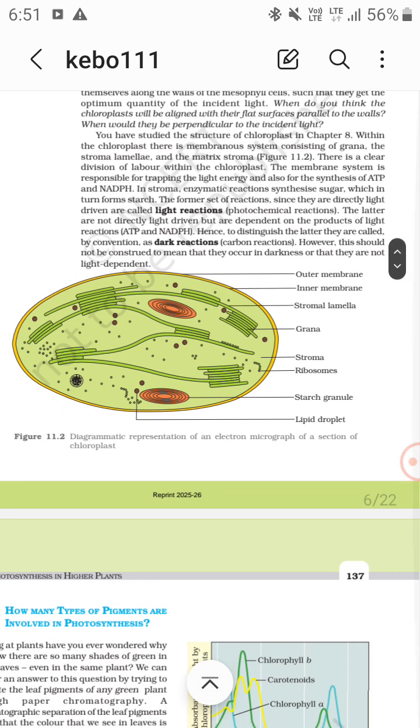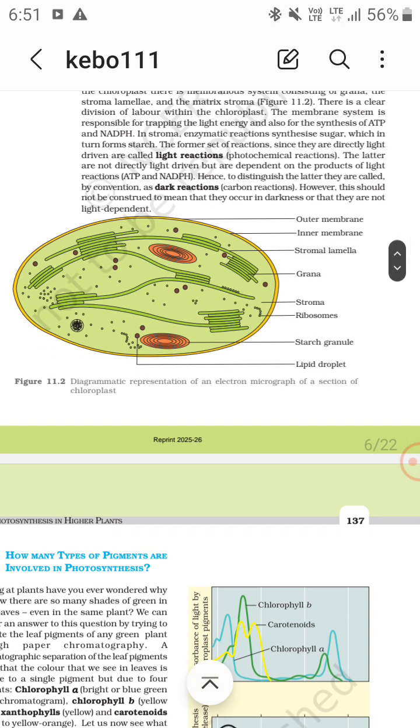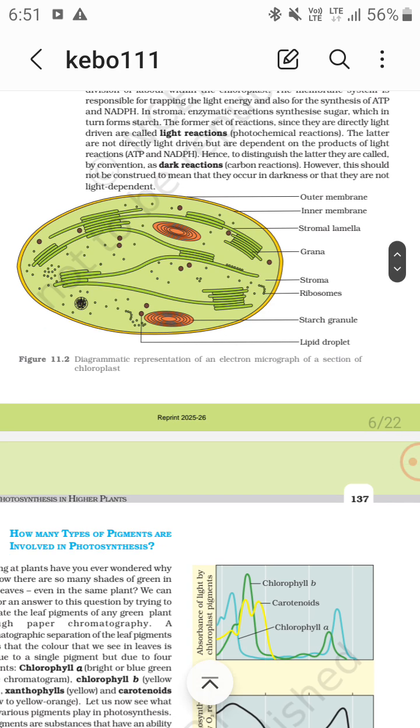That doesn't mean they are not light dependent; they depend on light, but indirectly. Here you see the outer membrane, inner membrane, stroma lamellae, then grana thylakoid, then stroma, ribosomes, starch granule, and lipid droplet.